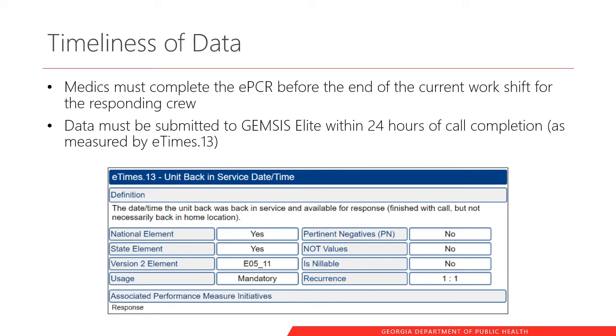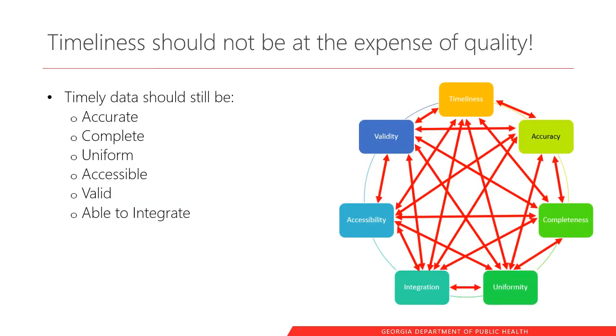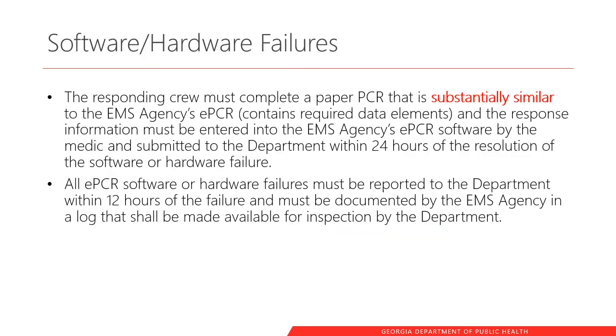They have to fill it out before the end of the current work shift, and the agency has to have it set up that within 24 hours of call completion, which is measured from eTimes.13, that call has to be submitted to GEMSIS Elite within that time, okay? And again, as we said earlier, timeliness should not be at the expense of quality. And what we've heard some agencies say is that, well, their medics don't fix the validation rules, right? Well, we'll talk about that in a moment.